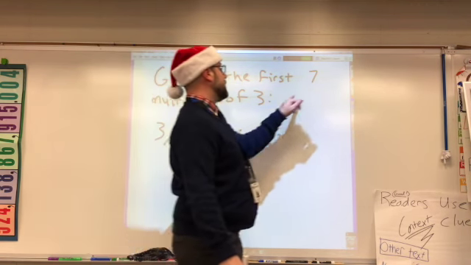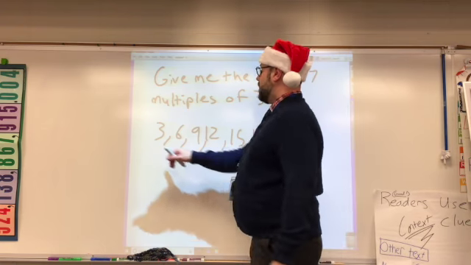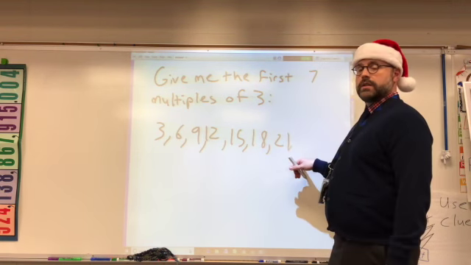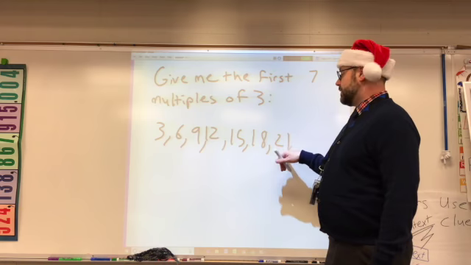Now it's true that 3 times 7 is 21, but I want all of the first 7 multiples.